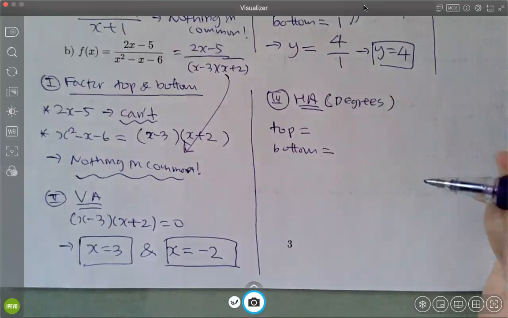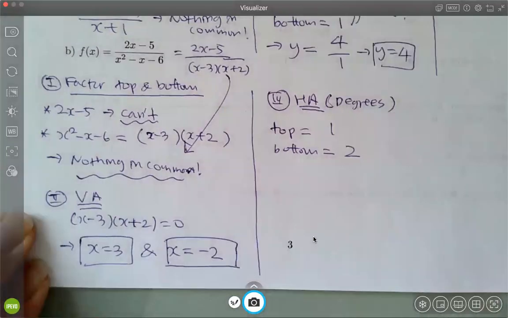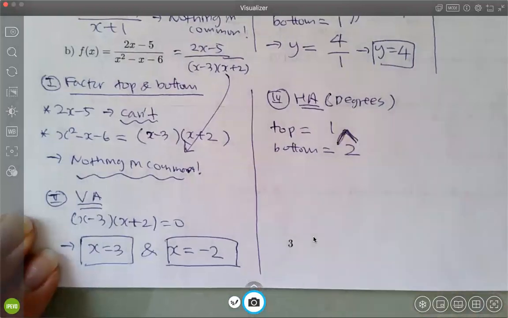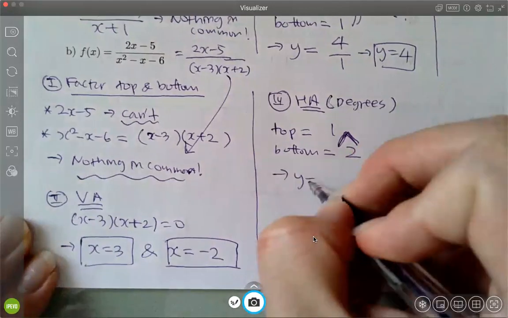And what's the bottom degree? 2. 2, right? Because those are the largest exponents. Okay, so now what is bigger? Oh, the bottom is bigger. So bigger bottom. So that means what? Case number 1, right? So what does it say? Bigger bottom, so y equals 0, right?